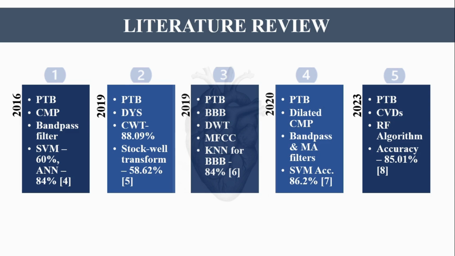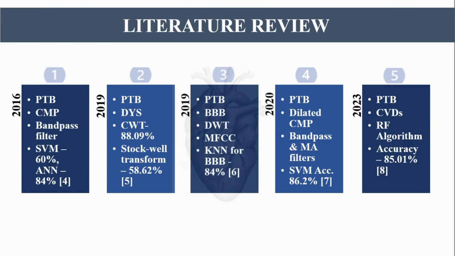An article from 2019 has employed continuous wavelet transform and Stockwell transform, achieving classification accuracies of 88.09% and 58.62% respectively for dysrhythmia diagnosis. Another work from 2019 has utilized discrete wavelet transform, MFCC, and k-nearest neighbor algorithm for classification of bundle branch block with an accuracy of 84%.